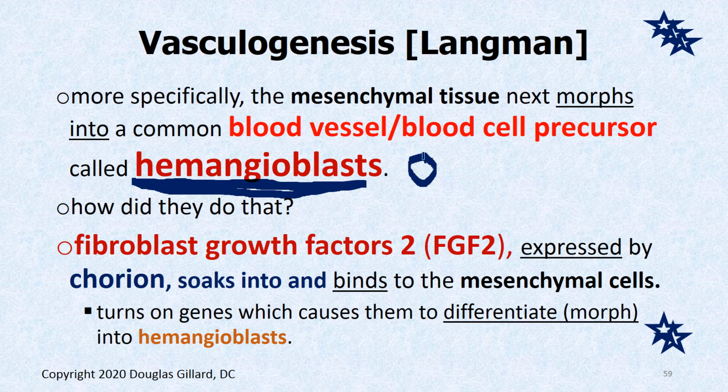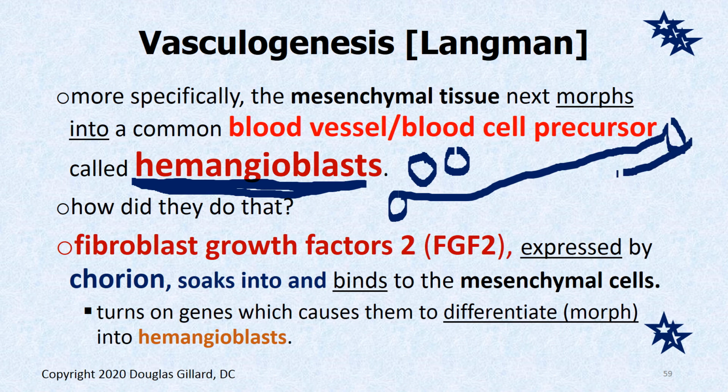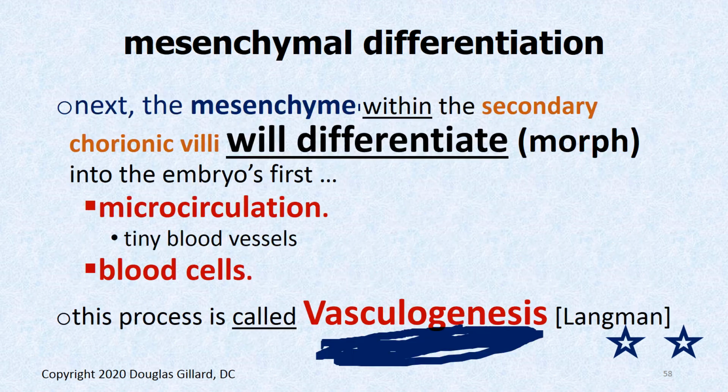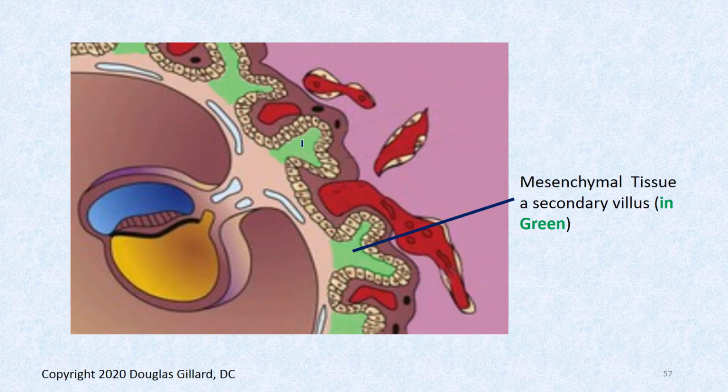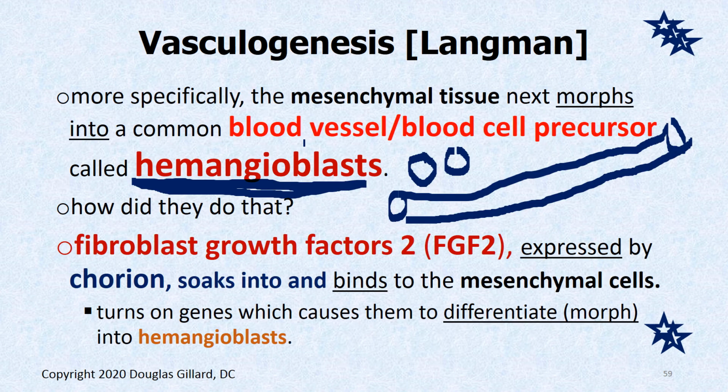They can make red blood cells, white blood cells, lymphocytes, things like that, and they can make endothelial cells, which hook together like crazy to form a blood vessel. So that's what hemangioblasts have the option to become. Where did hemangioblasts come from? They came from the mesenchymal tissue. This green stuff right here, that's what morphs into hemangioblasts. Why does it morph into hemangioblasts? Because it's exposed to FGF2. Got it?